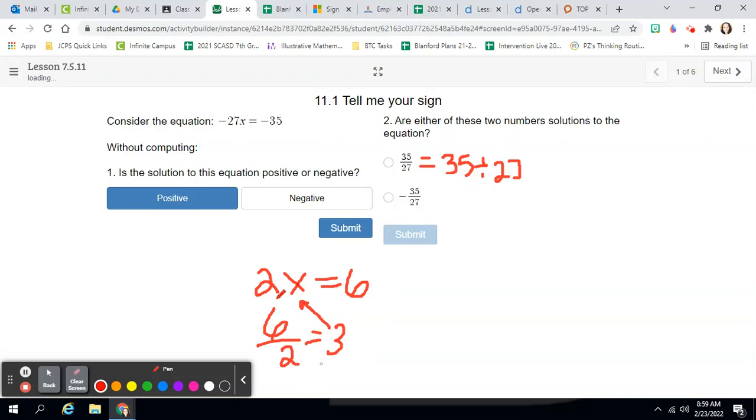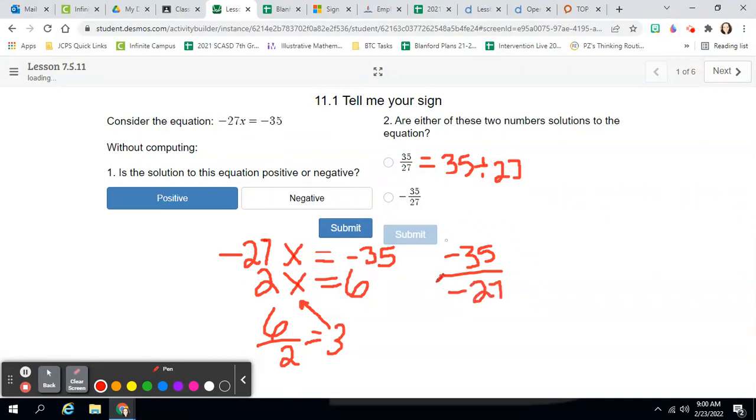I can use this same idea to solve this problem. It's the same setup. It's a number, in this case, negative 27 times x, and instead of 6, it equals negative 35. So if I wanted to solve for x, I would take negative 35 and divide it by, instead of 2, negative 27.